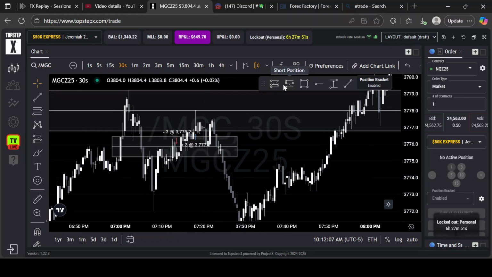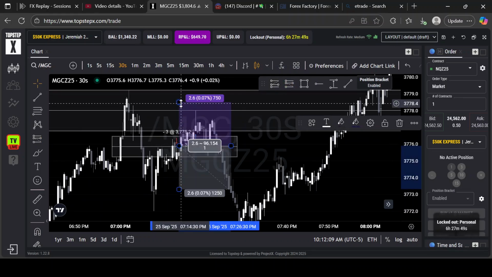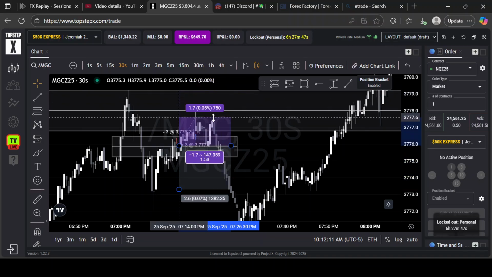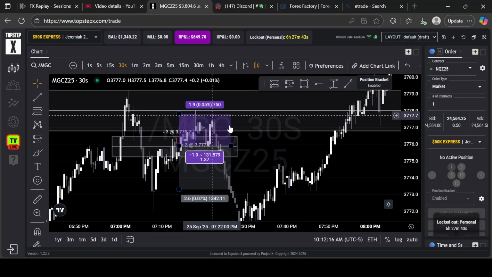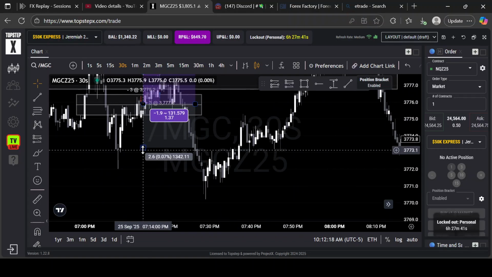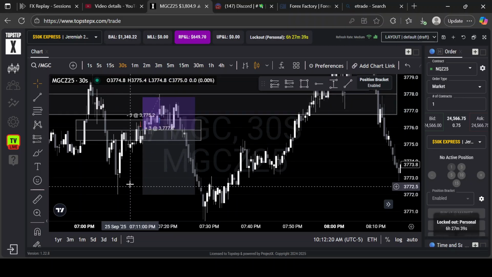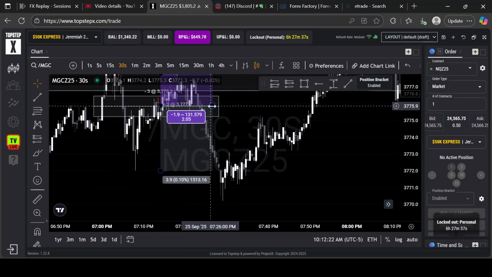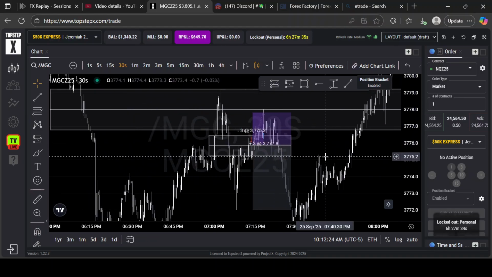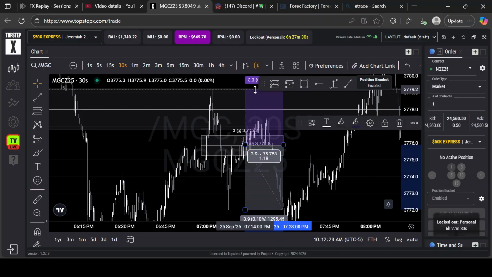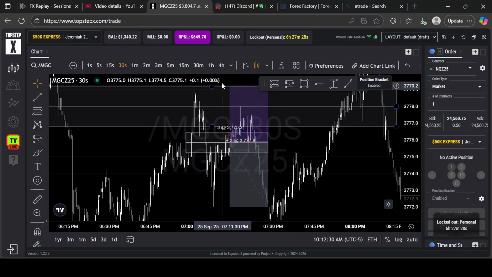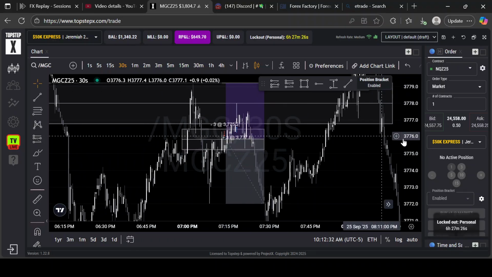My mistake was that I didn't set my stops above this wick. Instead, I set it on top of this wick and it stopped me out. And then it continued going lower to my take profit of one or two, which was very unfortunate, but now I know to be more cautious and set my stop losses above the previous swing high.